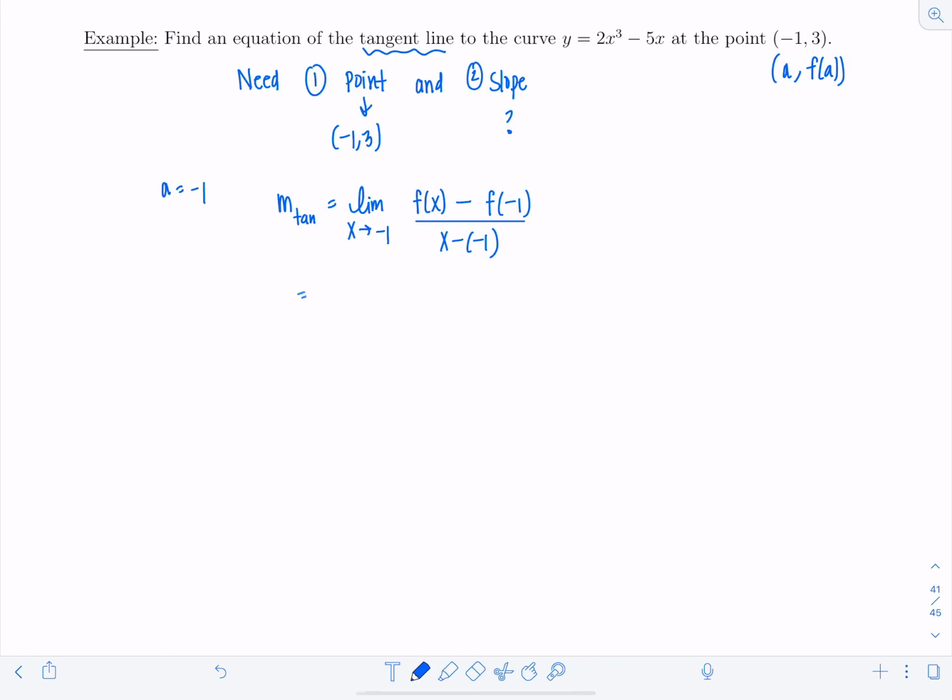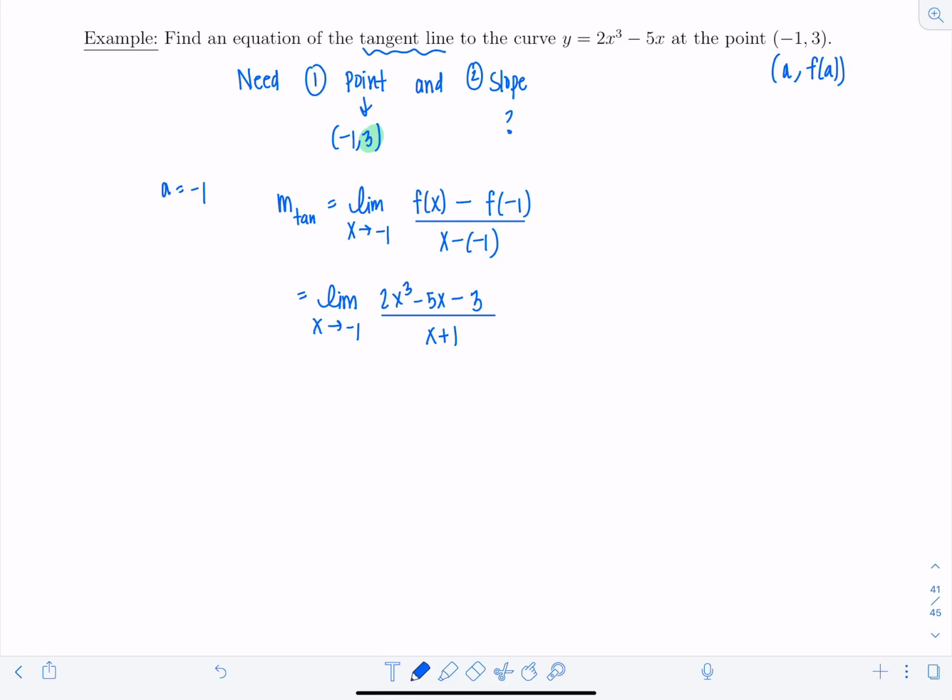So this is going to give us the limit as x approaches negative 1. In the numerator, I'm going to put f of x in, so that's 2x cubed minus 5x, minus f of negative 1. That's the y value when x is negative 1, they gave me that. It's 3, divided by x plus 1.